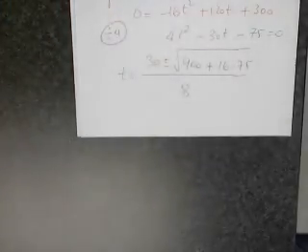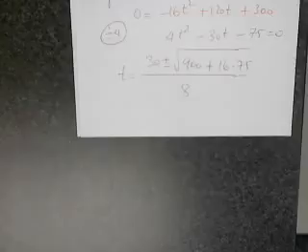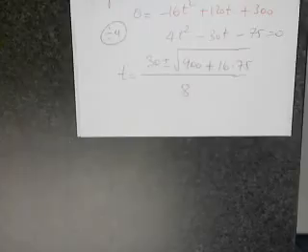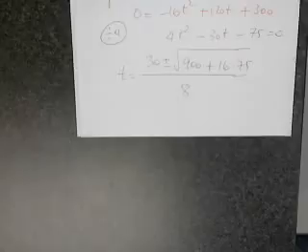Let me remind you how to put this in the graphing calculator. Left parenthesis for the top, 30 plus the square root, parentheses, 900 plus 16 times 75. Close the parenthesis under the square root, go outside, close the parenthesis again, and divide by 8.